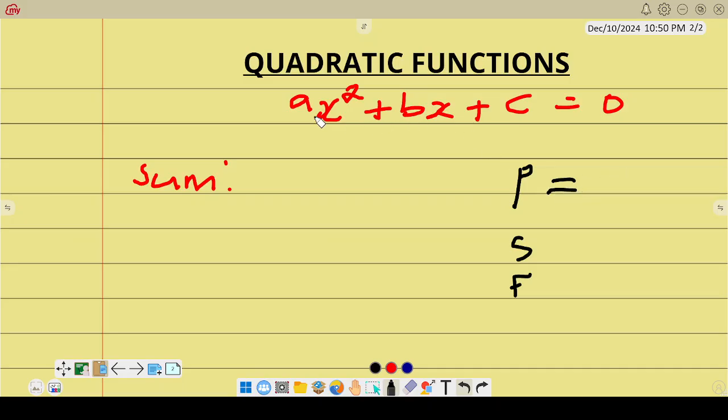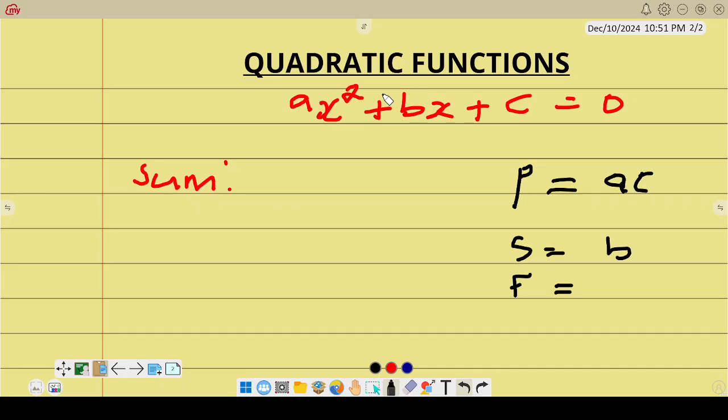Product, we said it's a times c, and then sum will just get b. Okay, so this is supposed to be c. And then the factors, we get to look for them. Now we want to determine the sum of two roots.